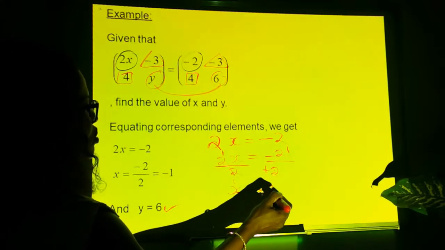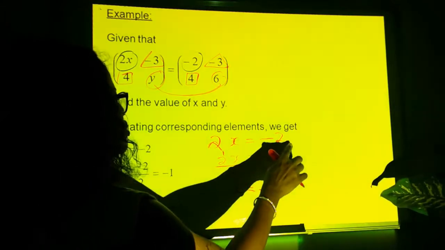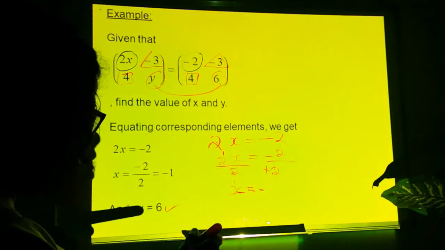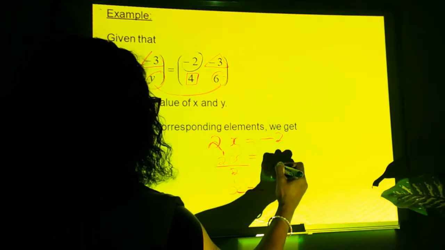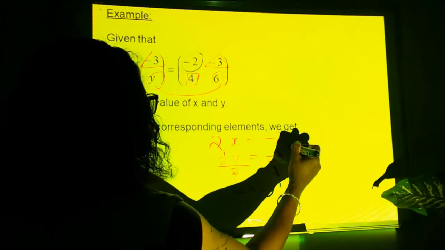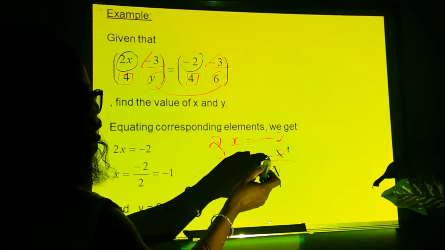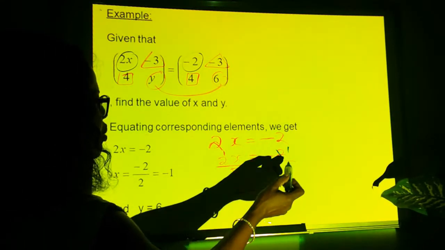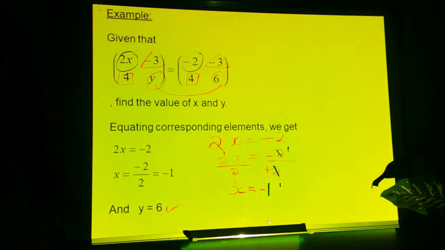So x is equal to negative 1. Alright, let me use a blue marker so we don't get lost. 2 into 2 goes 1, and a negative divided by a positive is a negative, and you're only left with 1 there. So the answer is negative 1.